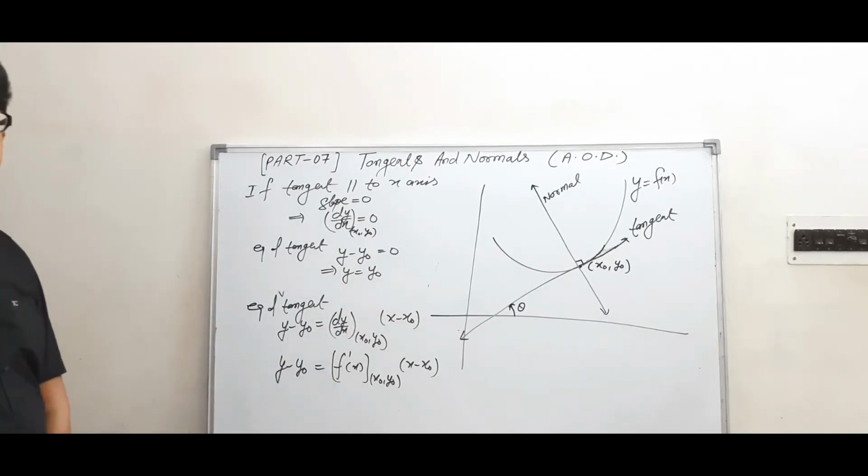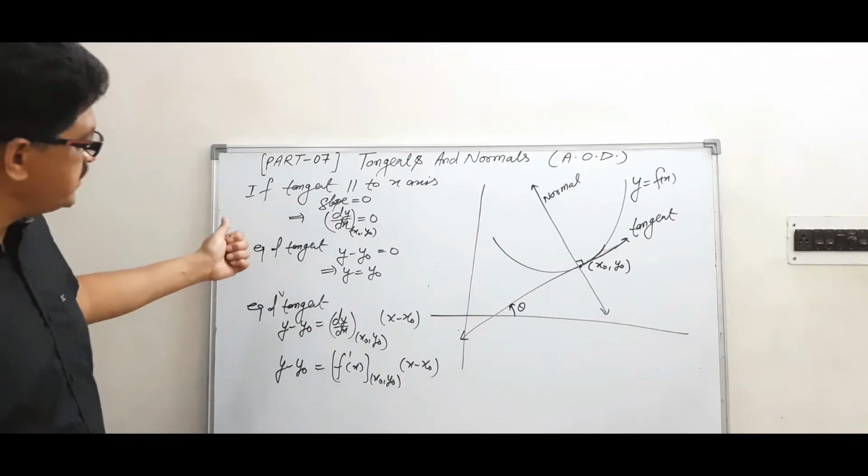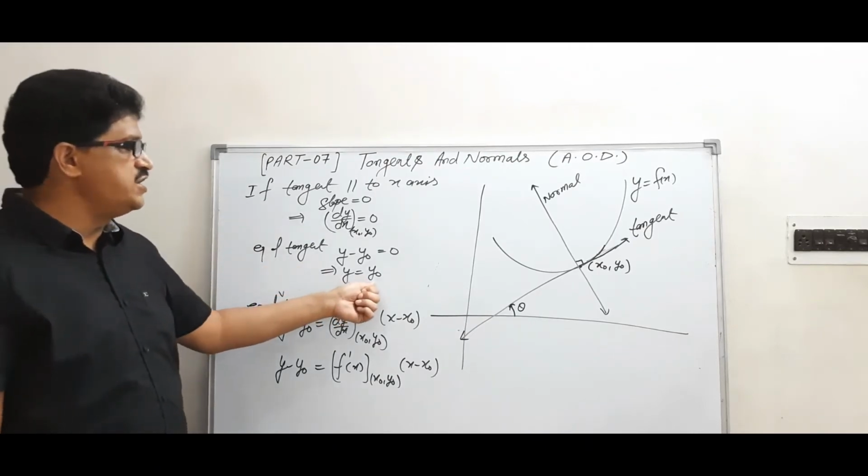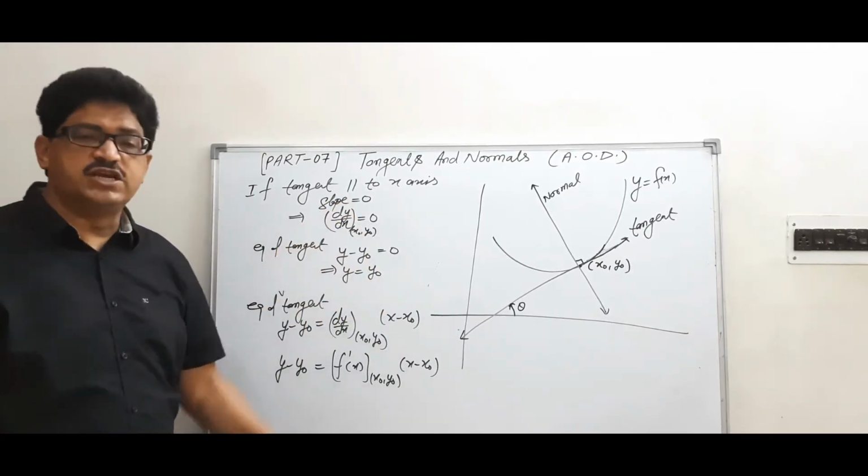So in case tangent is parallel to x axis, the equation of tangent is y is equals to y0 and slope of tangent becomes 0.